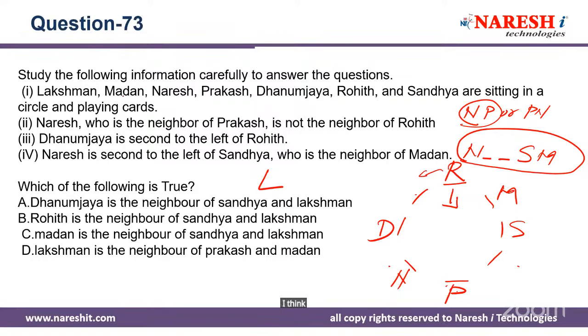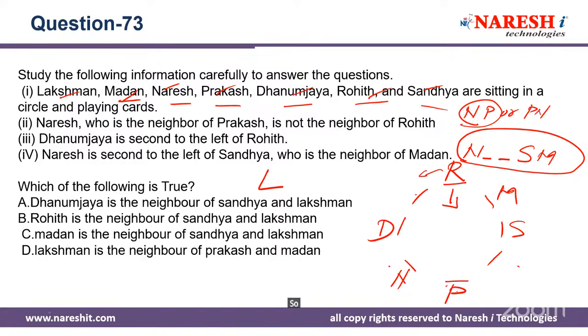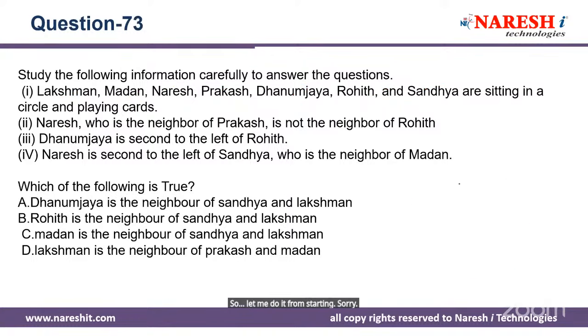I think we have placed Madan, Naresh, Prakash, Dhananjay, Rohit, Sandhya. How many? One, two, three, four, five, six, seven. Actually, seven only are there, but mistakenly I've kept eight. So let me do it from the start. Sorry. There are actually seven people. One, two, three, four, five, six, seven.